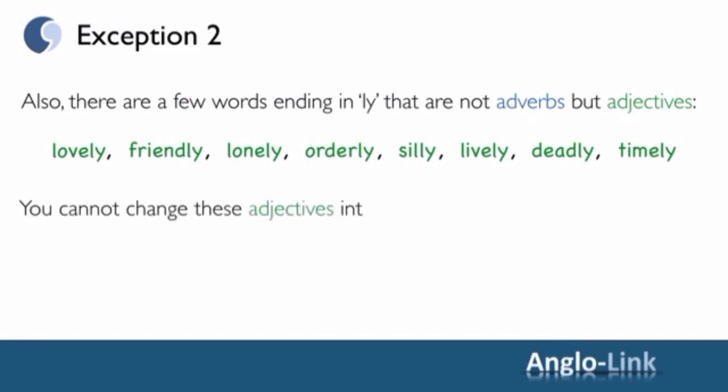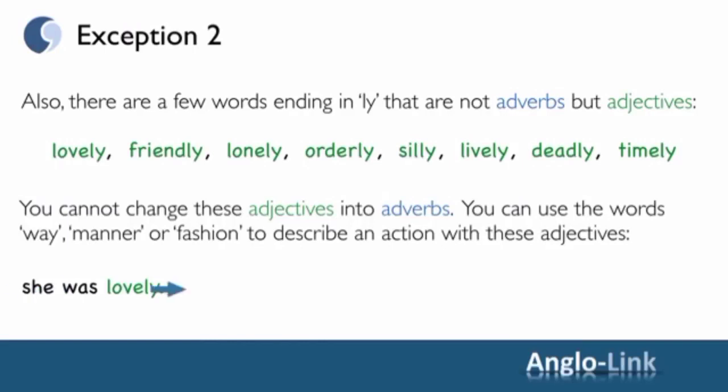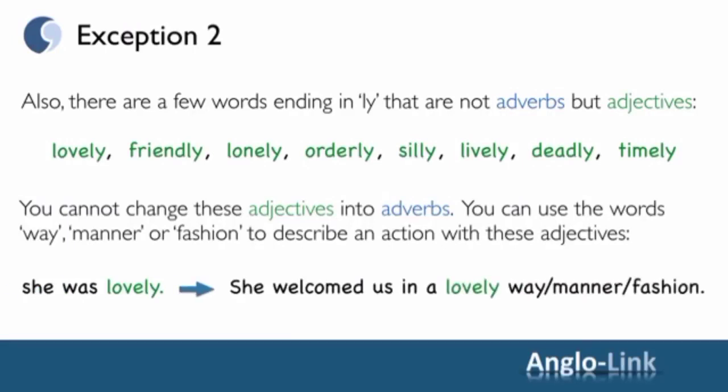You cannot change these adjectives into adverbs. You can use the words way, manner, or fashion to describe an action with these adjectives. For example, she was lovely. She welcomed us in a lovely way, in a lovely manner, in a lovely fashion.